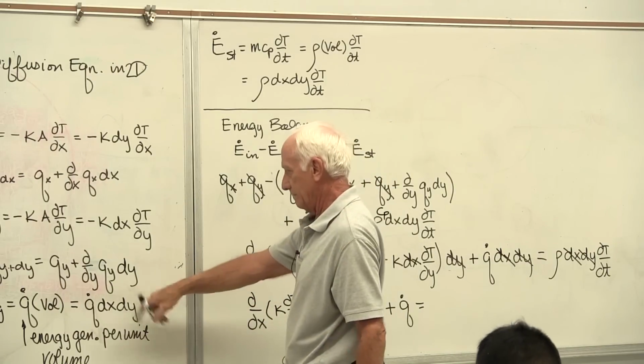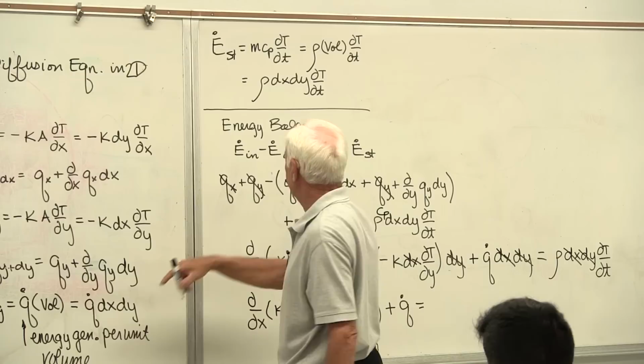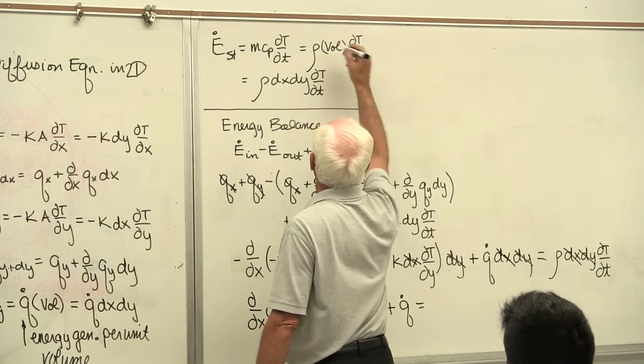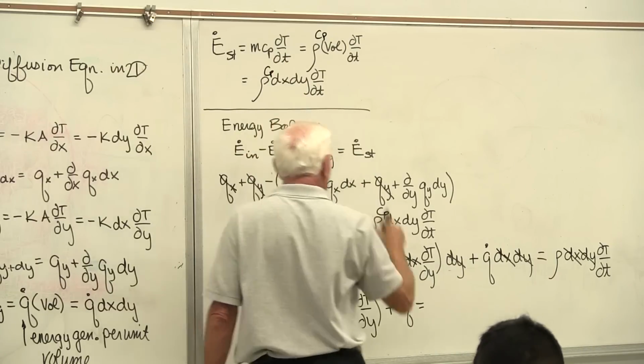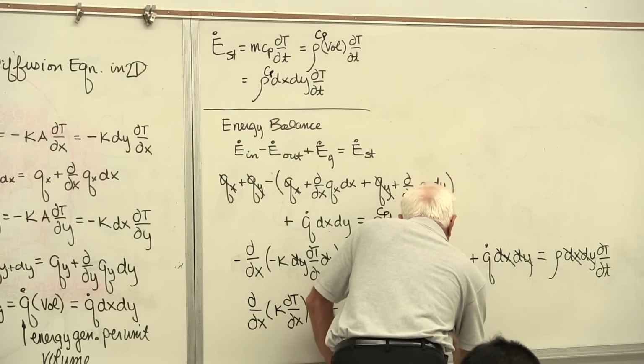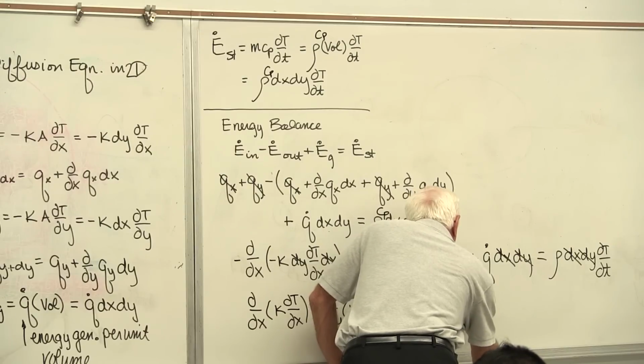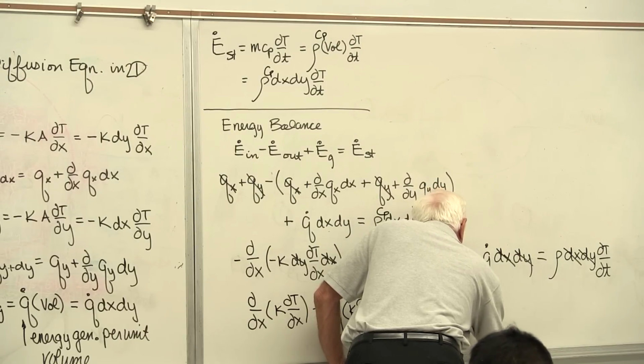I had it over here. Oops, there should be a rho, pardon me. Rho Cp, partial T with respect to time.